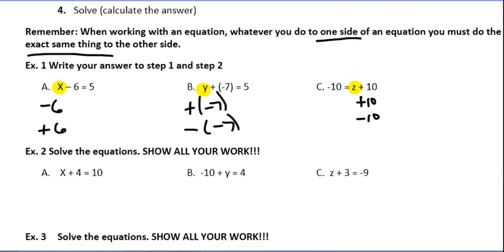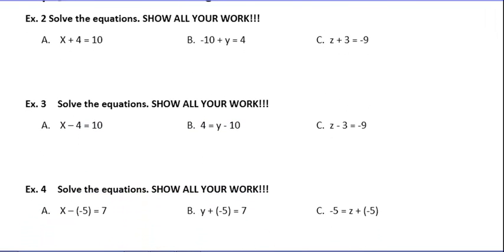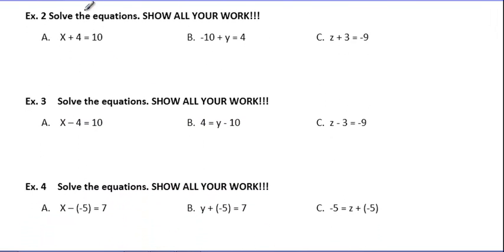So let's go ahead now and actually solve some equations. Looking at example 2, first thing I'm going to do is just notice where my variable is in each problem. That's the thing that has to be 100% by itself in order for this equation to be considered solved. So I'm going to look at what's being done to the variable. I can see that I'm adding 4. The opposite of adding 4 is subtracting 4.